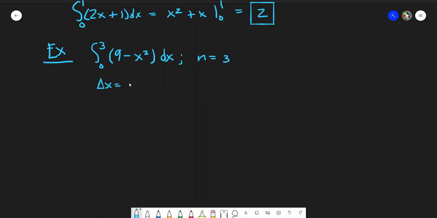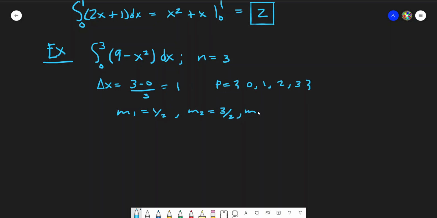Delta x is 3 minus 0 divided by 3, which is equal to 1. That means our partition is going to be 0, 1, 2, and 3. Well, that means we can find the midpoints. The first one would be 1/2. The second one would be 3/2, because we're just adding 1. And then the third one will be 5/2.